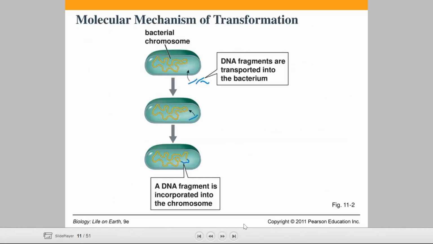This one: molecular mechanism of transformation. So you see the yellow circle here; we call it the bacterial chromosome.